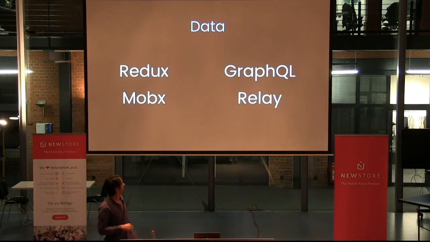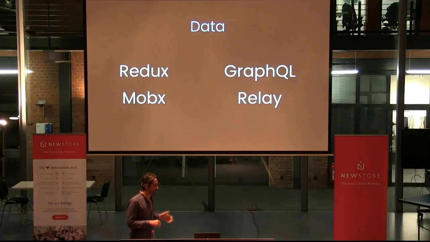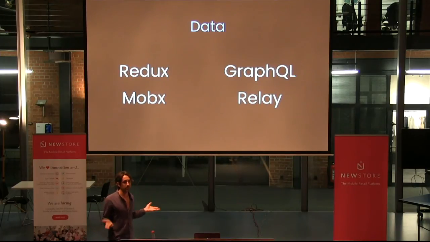And Relay is a declarative data fetcher that works with this GraphQL API implementation. So just check out these things and keep them in mind, because if you're going to be working in the React Native world, these tools are going to come up a lot, and I found from personal experience they really give you an edge when dealing with new ways of accessing data.